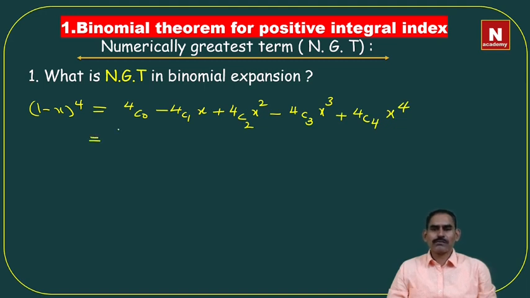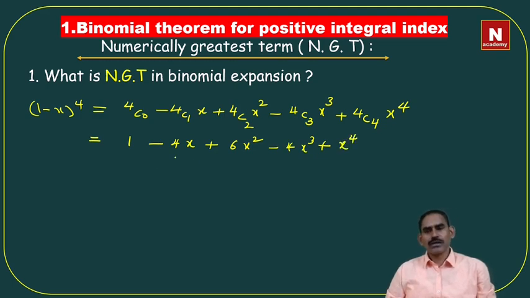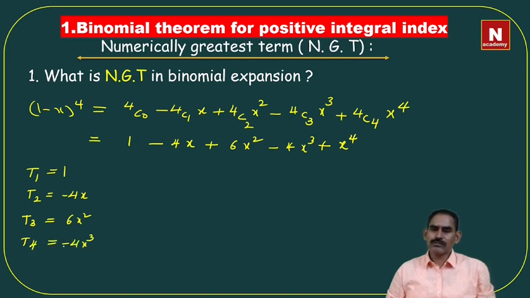Now the binomial coefficient values I am writing here: 1, 4c1 is 4x, 4c2 is 6x square, 4c3 is 4x cube, 4c4 is 1, 1 into x power 4 is x power 4. Now the respective terms: t1 is 1, t2 equals minus 4x, t3 equals 6x square, t4 equals minus 4x cube, t5 equals x power 4.